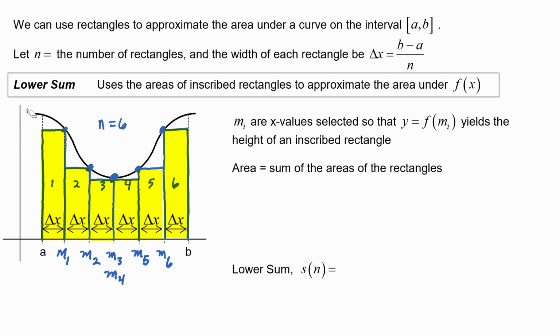And to do that, we just take the sum of the areas of the rectangles. We know the area of a rectangle is just base times height, which would be delta x is the base, f of m1 is the height. And I'm going to choose to write it in this order: f of m1 times delta x.